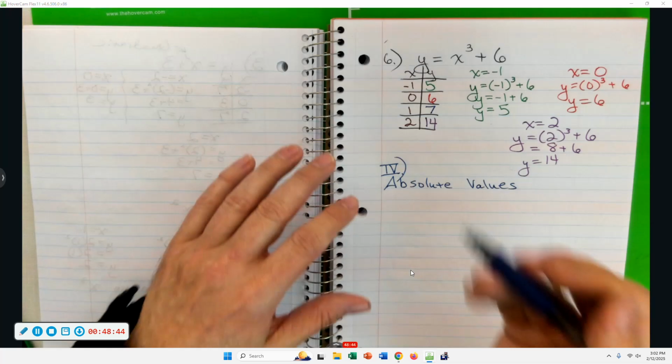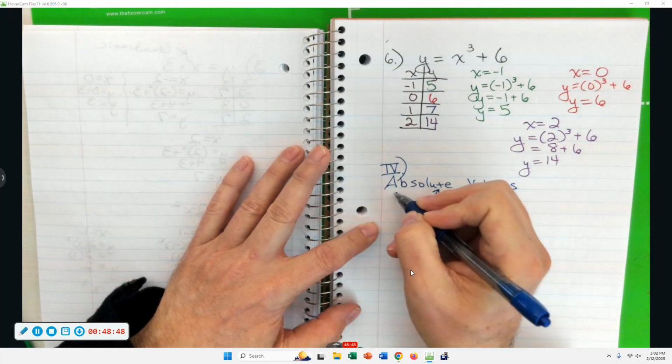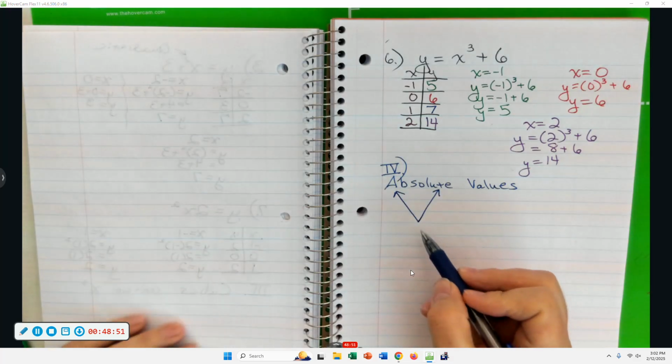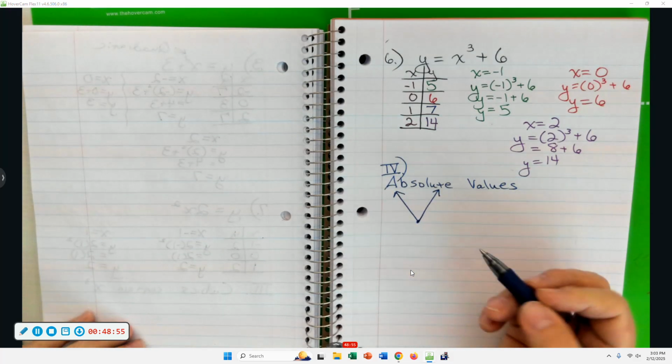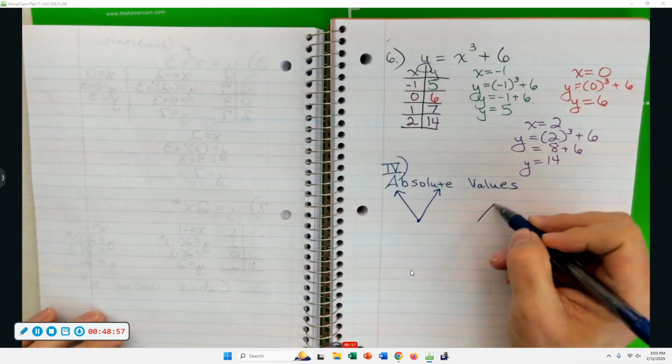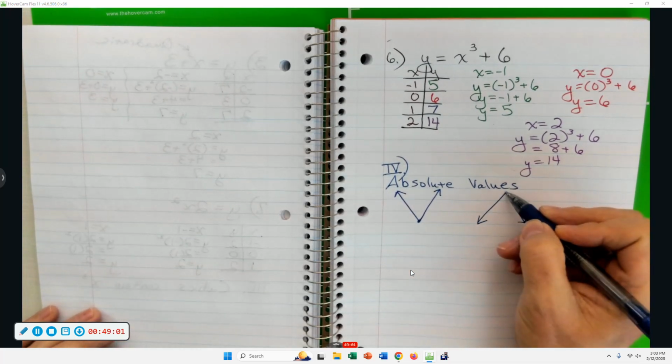The graph of an absolute value will be a V-shaped figure, not a U-shape. To me, a V has a sharp point down there, called the vertex. It'll either open upward or downward.